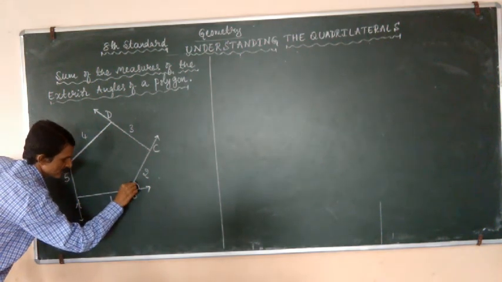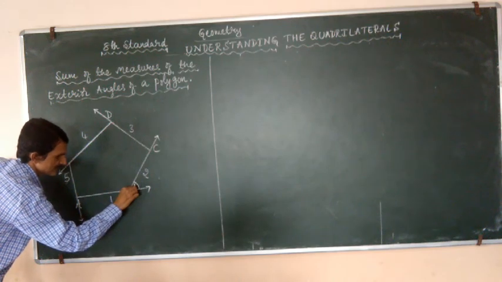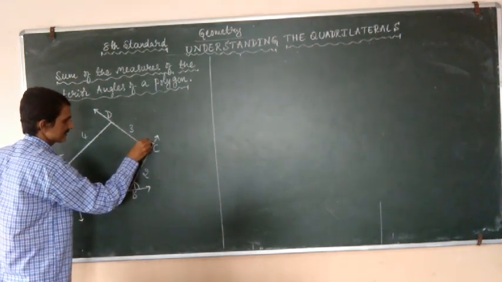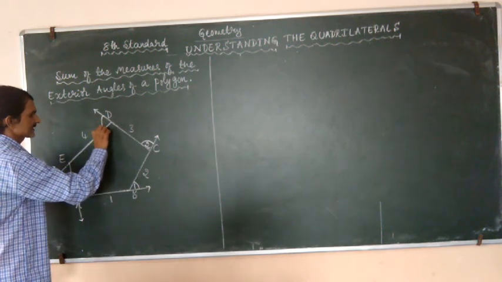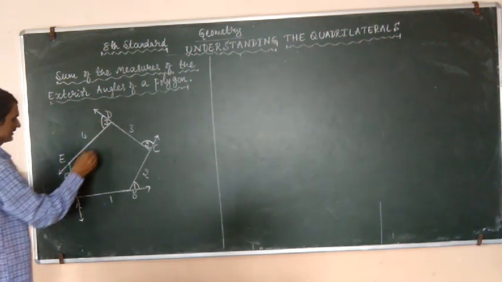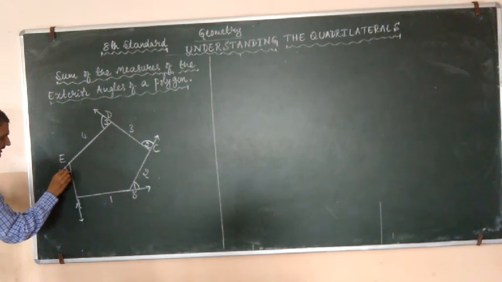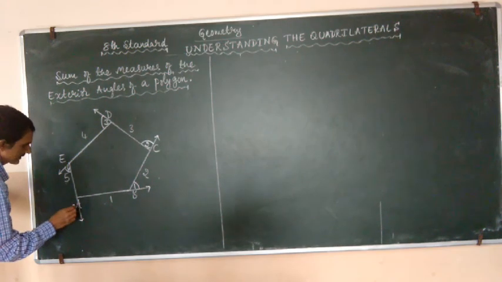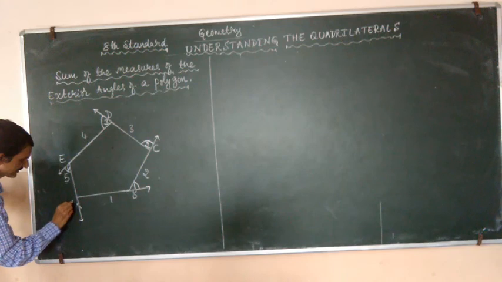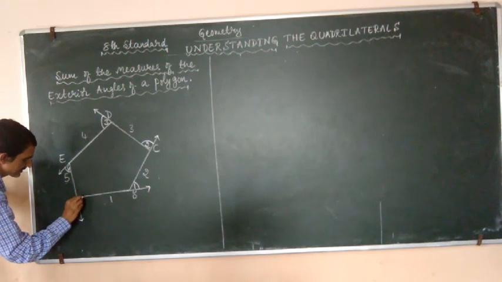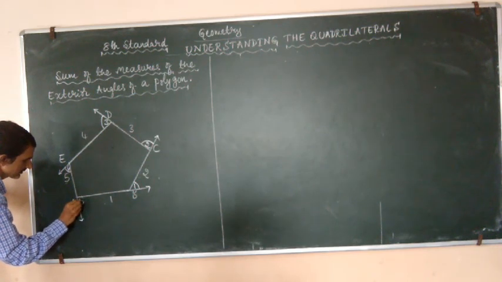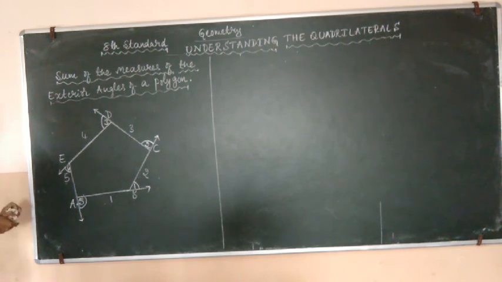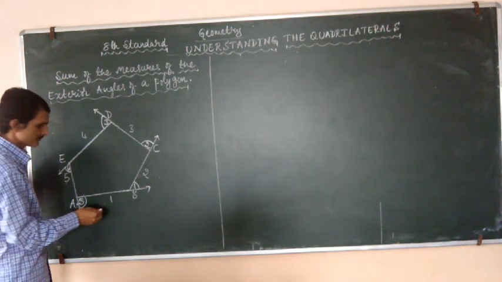If you call this as 1, this exterior angle as 2, this exterior angle as 3, this exterior angle as 4, this exterior angle as 5. Don't get confused.